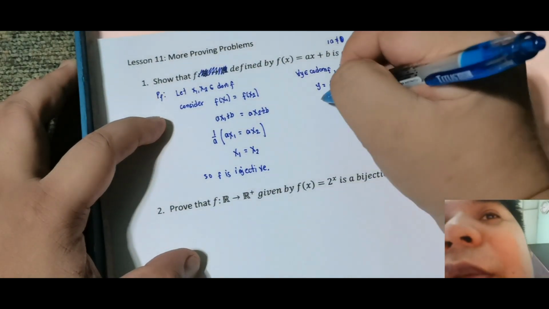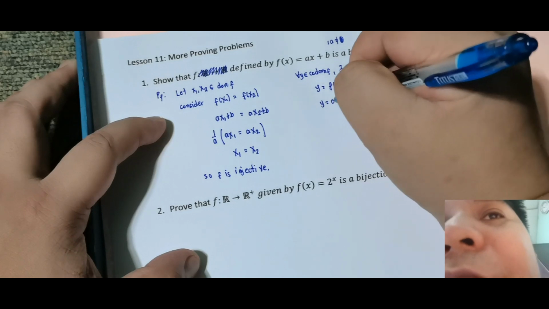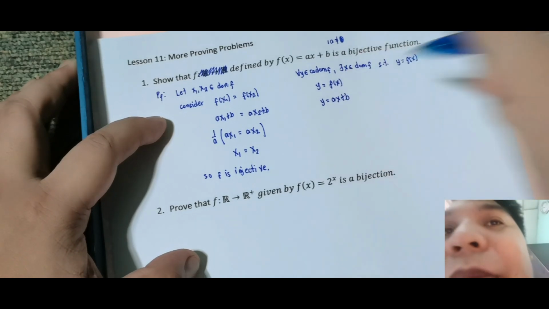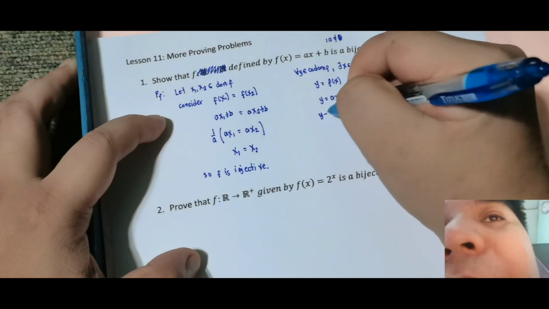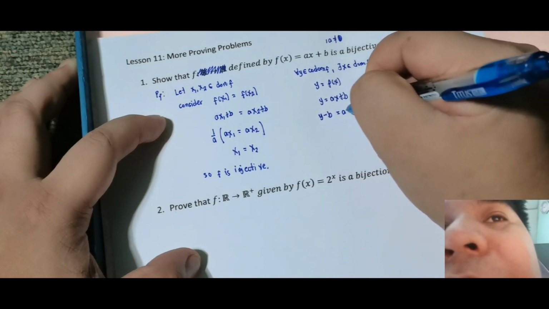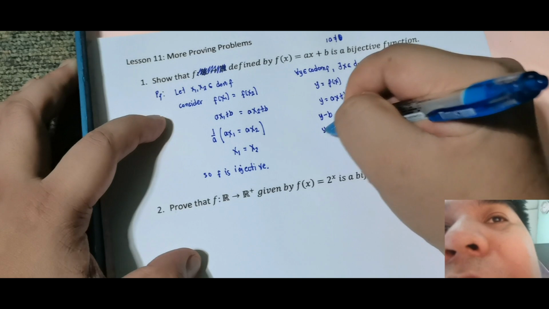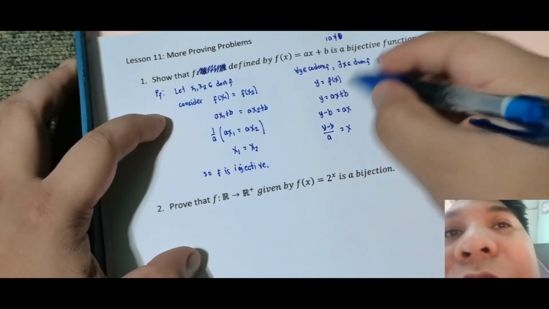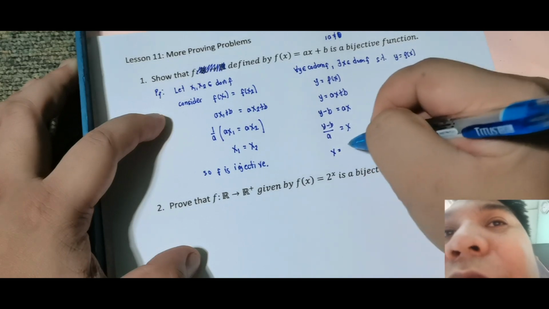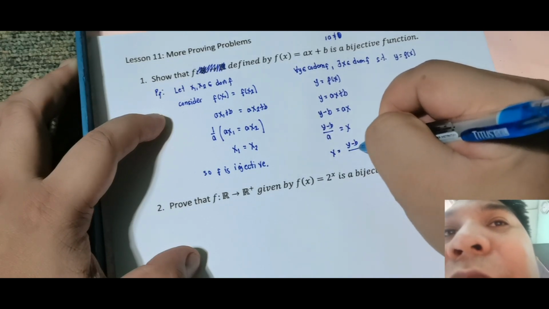Okay, and that is equal sa y is equal to ax plus b. And that is y minus b is equal to ax, which is y minus b over a, which is equal sa x. So, arrange ko lang konti. That is x is equal to y minus b over a.